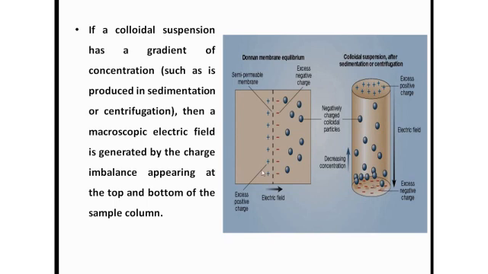Thus a microscopic electric field is generated by the charge imbalance appearing at the top and bottom of the sample column. This movement of the colloidal particle is due to the external field or external force that we have allowed.